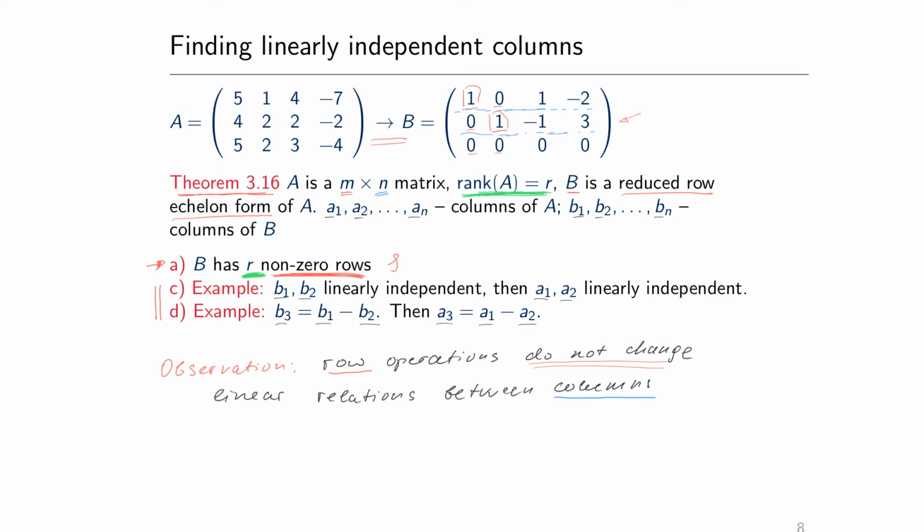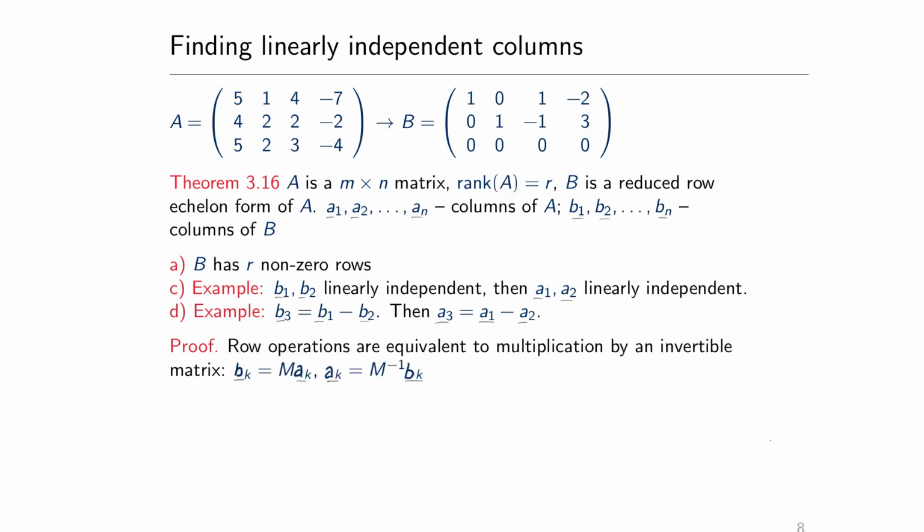You may ask, is that a proof? Well, if you argue very well, it can be, but we also can prove this formally, and we are going to do this on the next slide. The proof is, of course, based on the fact that elementary row operations are equivalent to matrix multiplication, and this is what we are going to use. Each column of matrix B is nothing else but the column of matrix A multiplied from the left by the matrix M, which is a product of elementary matrices, and this matrix M is invertible.